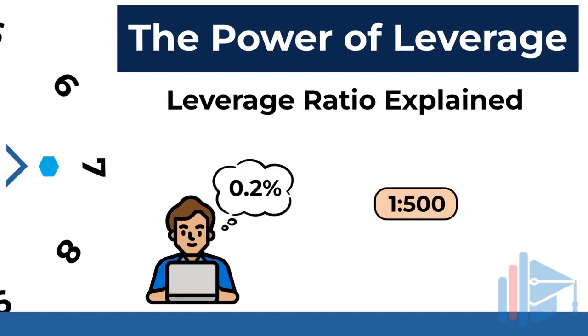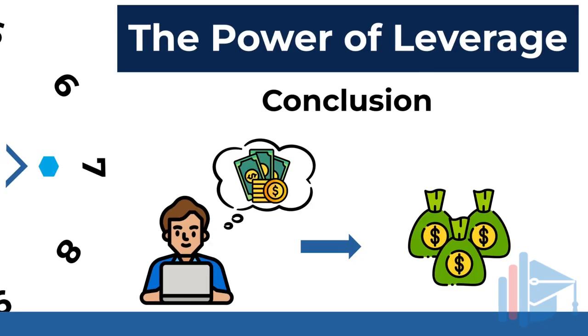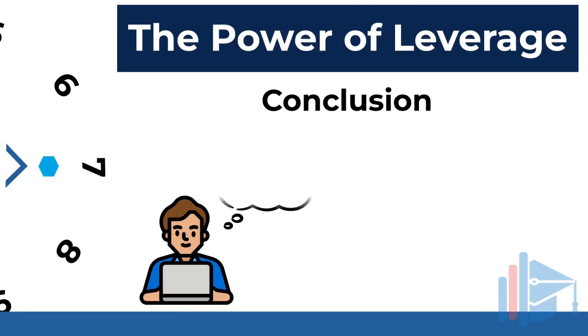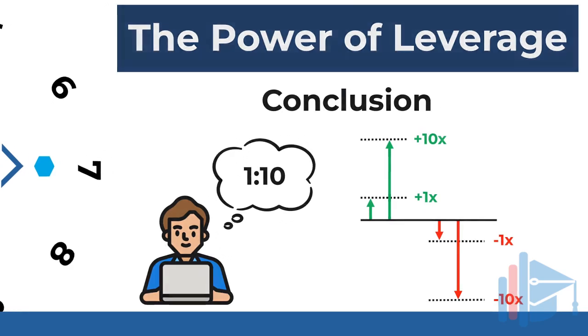In this case, a $1 million trade would require $2,000 in margin. Leverage allows traders to control large positions with minimal capital, but it also amplifies the risk. While the potential for greater profits is increased, the risk of larger losses also rises, making it crucial for traders to use leverage responsibly and implement risk management strategies.